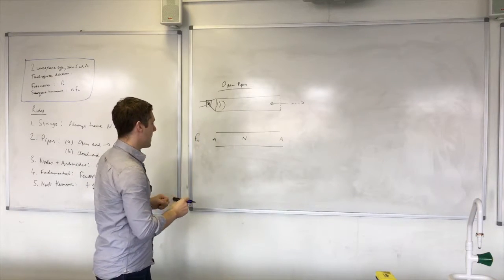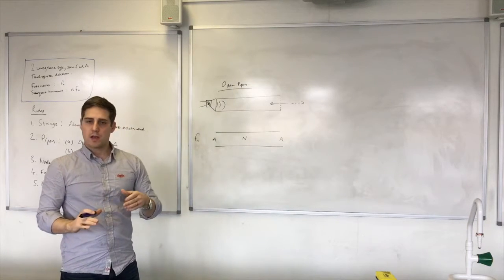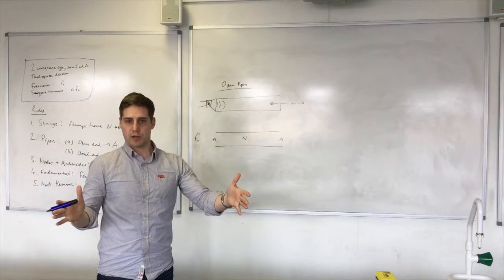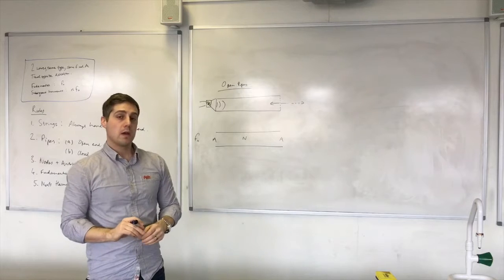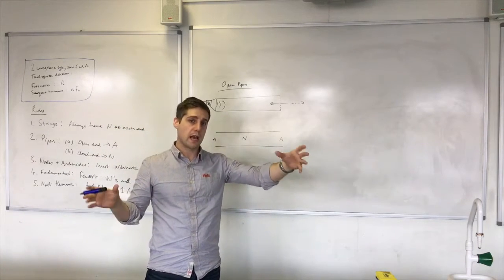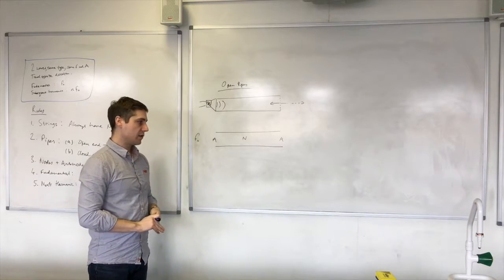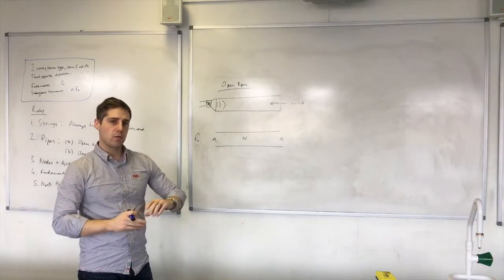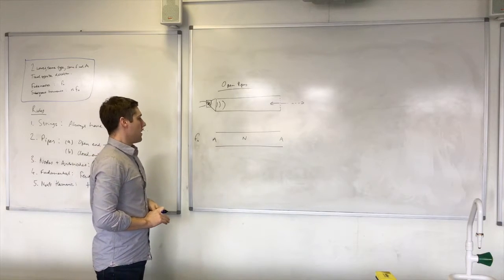And one thing I should say about F0 actually is that if you have one string set up, then that occurs at a particular F0. But if I set up a longer string and a heavier string, that will have a different fundamental frequency to the other string. So each setup has its own fundamental frequency.